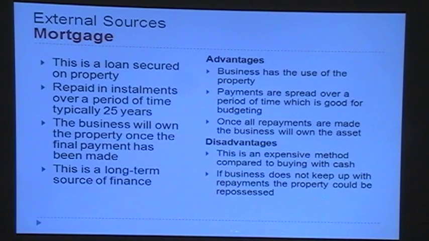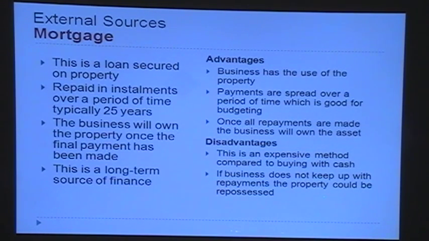Mortgage, as we all know, is obtaining a loan over a long period of time, usually 20 years, 15 years, up to 30 years. A very good advantage is the business has the use of the property. Payments are spread over a long period of time, and once all repayments are made, the business will own the asset.